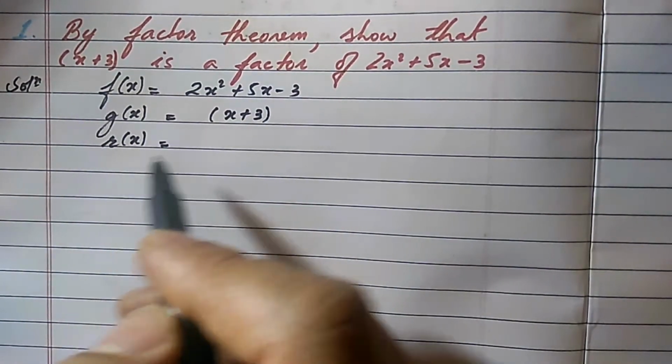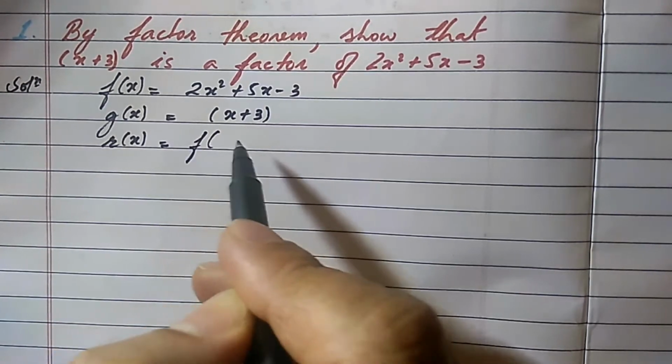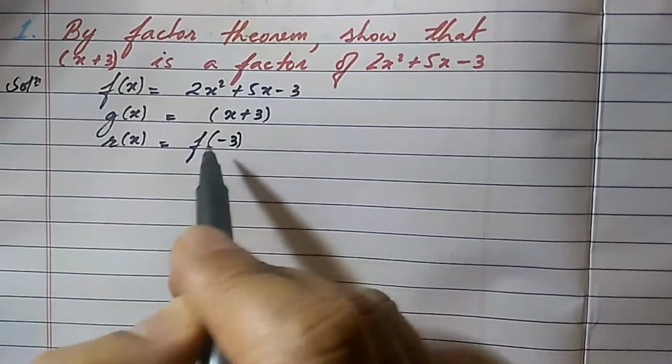Now to find the remainder r(x), in f(x) we'll replace all the values of x by minus 3.